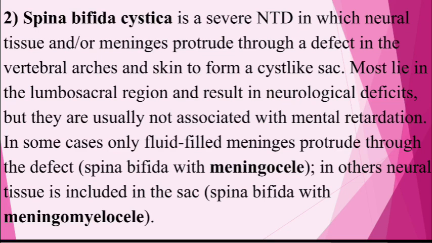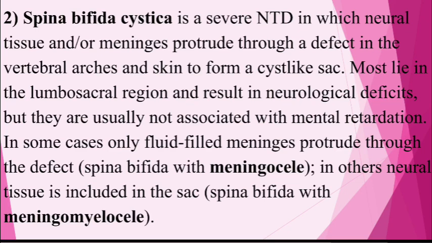Occasionally you could have the neural folds not elevating at all, but they just remain as a flattened mass of neural tissue. We call that spina bifida with myeloschisis or rachischisis.